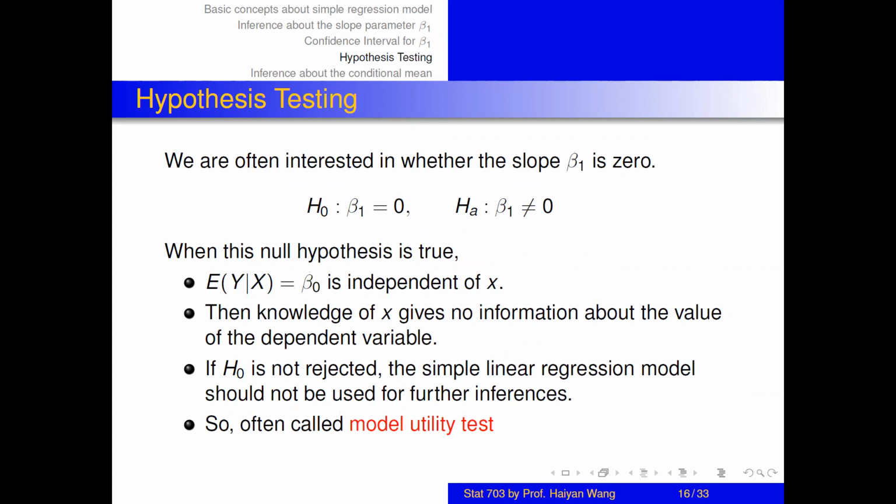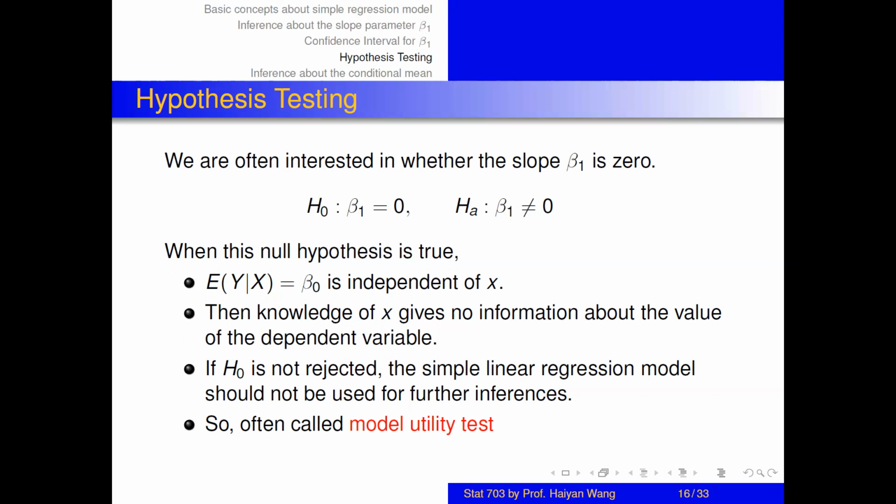In the regression case, the null hypothesis specifies that the slope parameter is 0, which basically means that y and x are unrelated. The mean of y is not related to x. So beta 1 is 0 in the null hypothesis. In the alternative hypothesis, we say that beta 1 is not 0, such that y and x have a linear relationship.